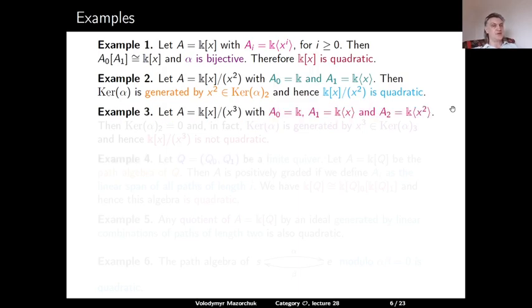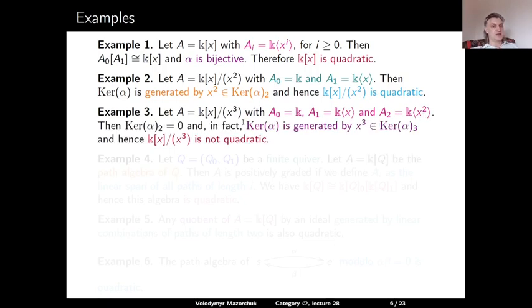Example 3. Consider the quotient of the polynomial algebra k[x] by the ideal generated by the element x to the power 3. So in this case, this algebra is naturally graded with three non-zero homogeneous components, A0 being the base field, A1 the linear span of x, and A2 the linear span of x squared.